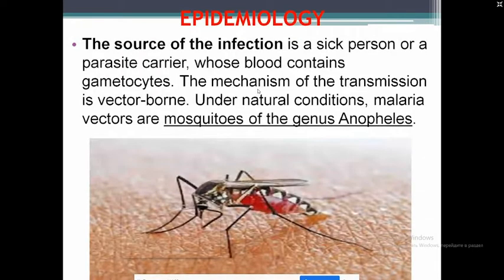Epidemiology. The source of the infection is a sick person or a parasite carrier whose blood contains gametocytes. The mechanism of the transmission is vector-borne. Under natural conditions, malaria vectors are mosquitoes of the genus Anopheles.